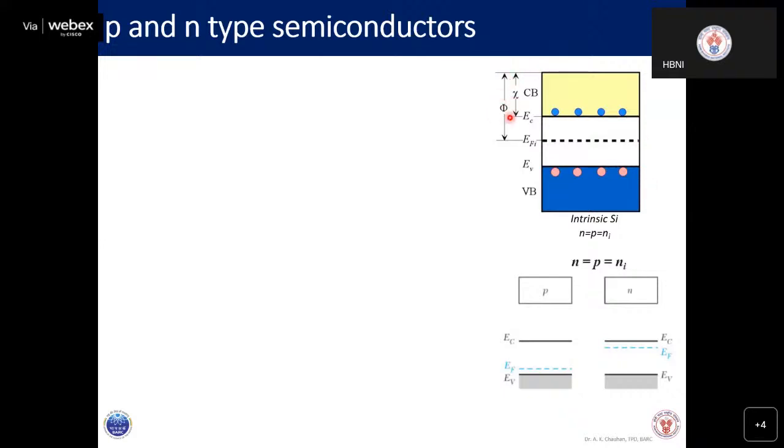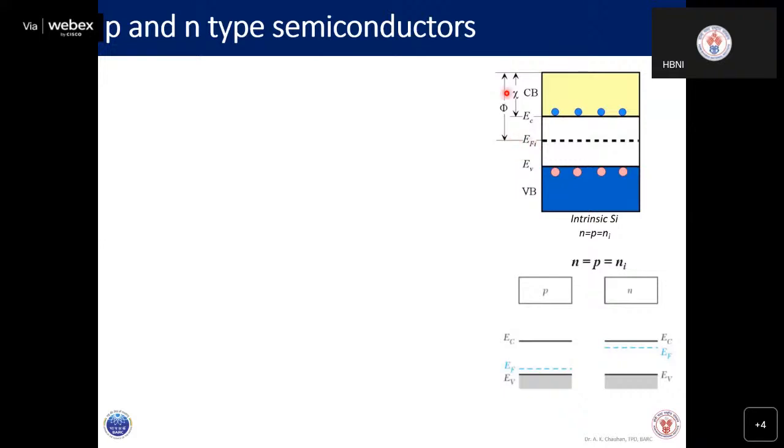Now what is this? This is phi. Phi is the work function. Let us assume that the top of the conduction band is actually vacuum. The work function is the amount of energy to remove an electron to vacuum.